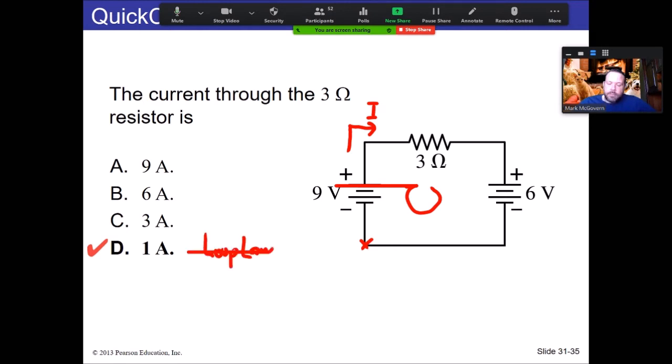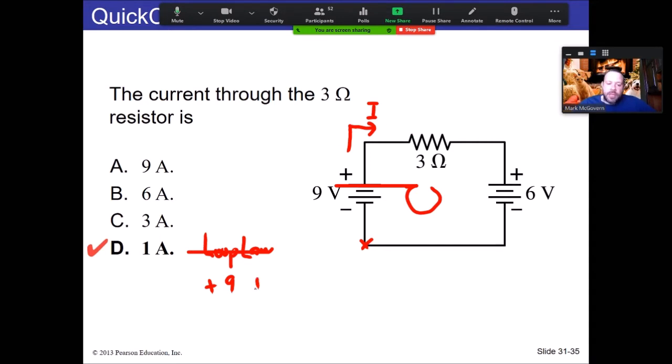All right, so as we walk through the circuit, we're going with the battery. That's a +9. We go with the current through the 3 ohm resistor.